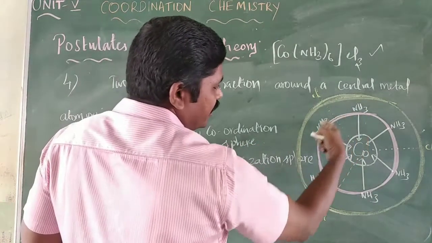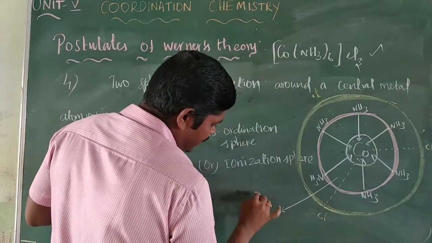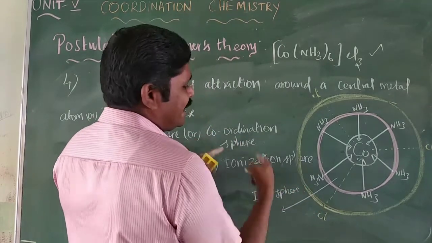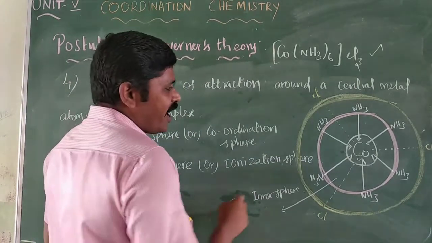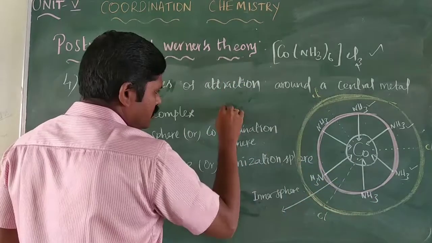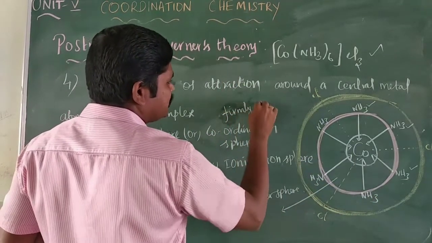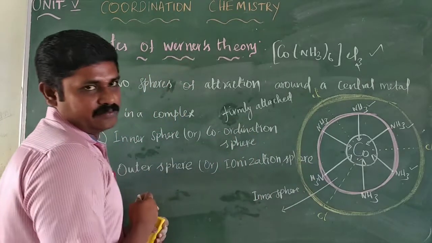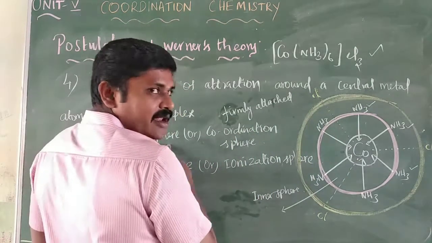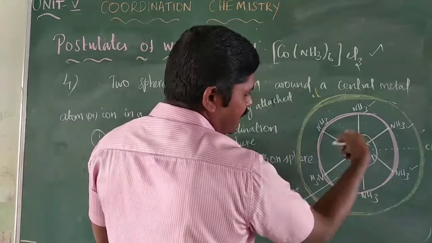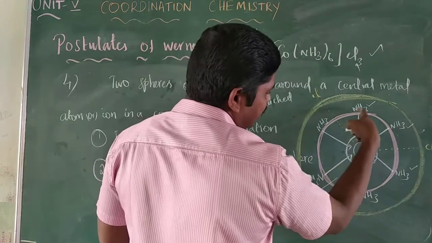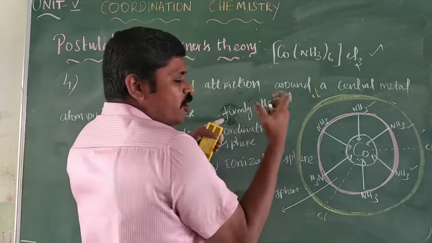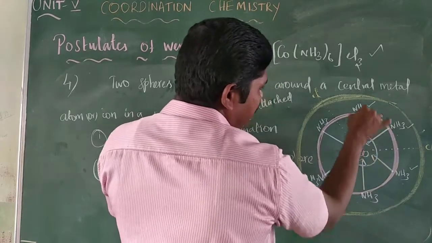The inner sphere is also known as the coordination sphere, and the groups present in the inner sphere are firmly attached to the central metal atom. There is a strong bond between the central metal ion and the ligands.